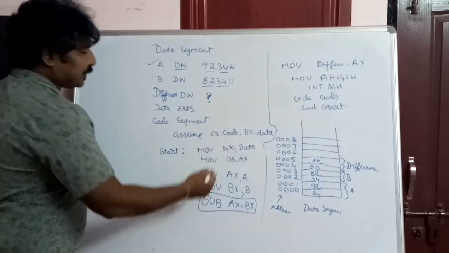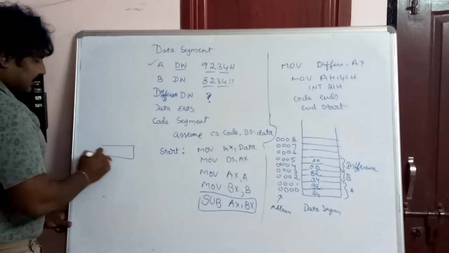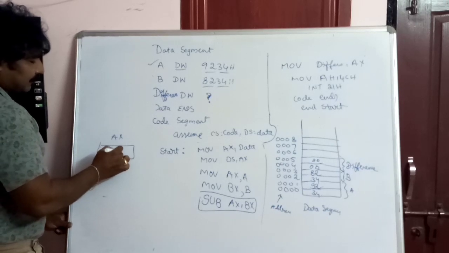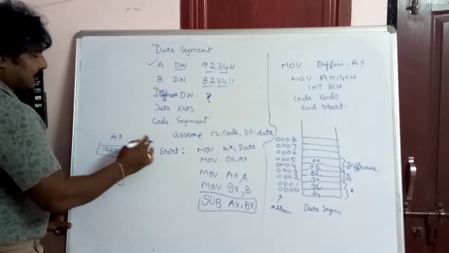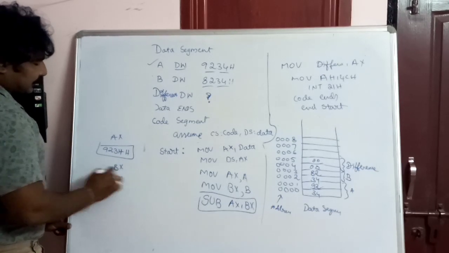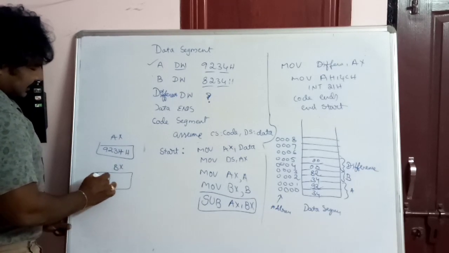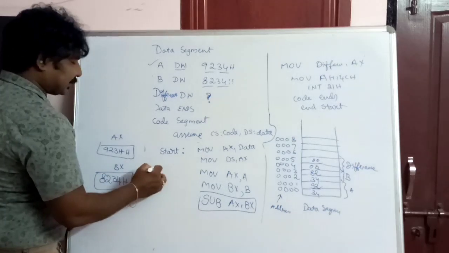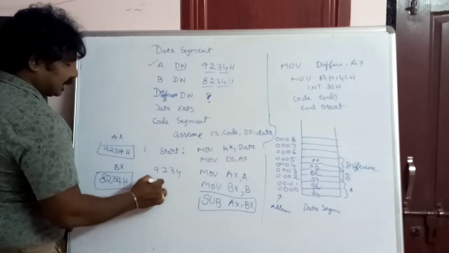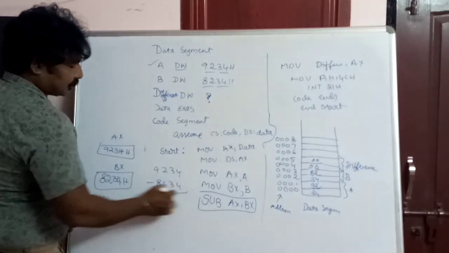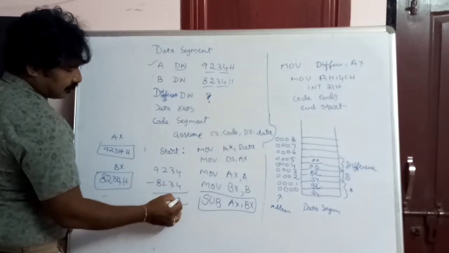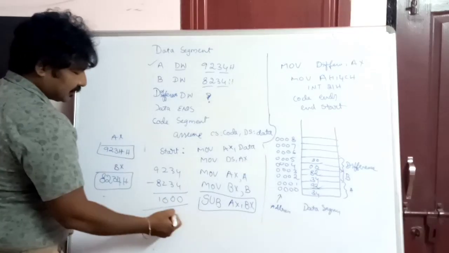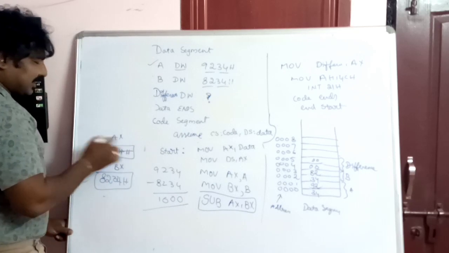What you are doing here is taking a value into AX, that is 9234h, then the b value into BX, that is 8234h. Then you perform 9234 minus 8234, subtracting these two numbers, which gives 0001. This result is stored in AX itself.